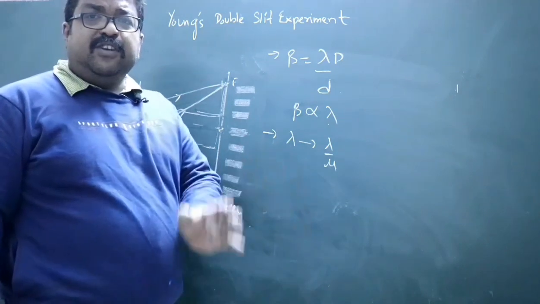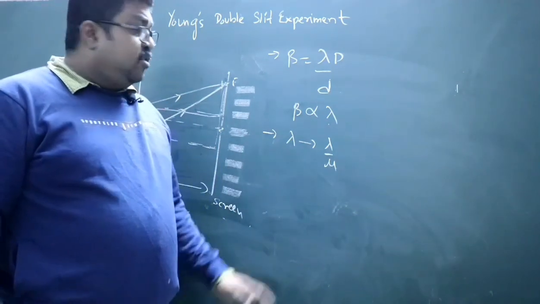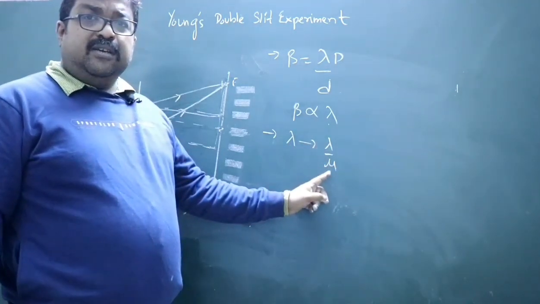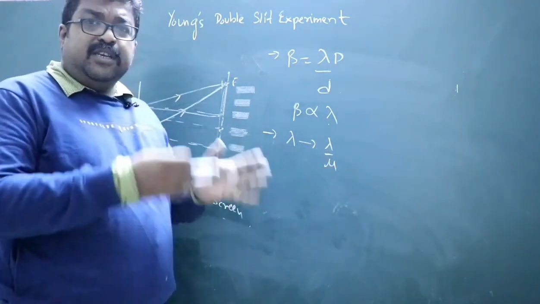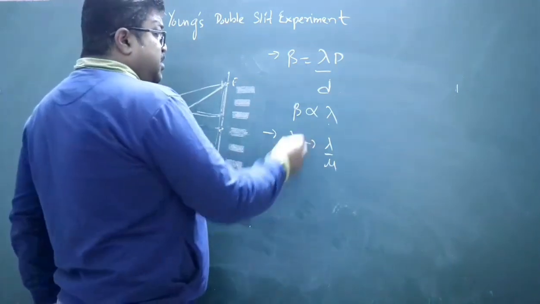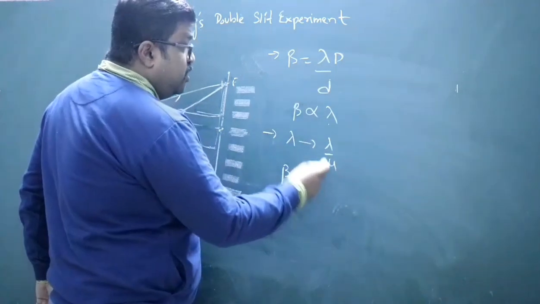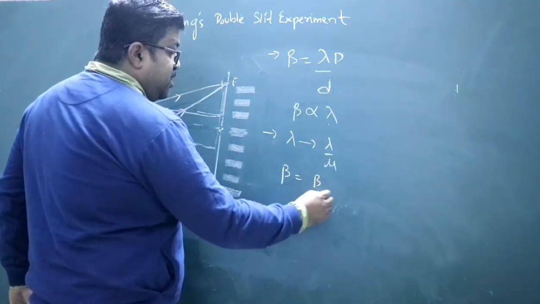So lambda is replaced by lambda by mu, which means beta will be replaced by beta by mu.